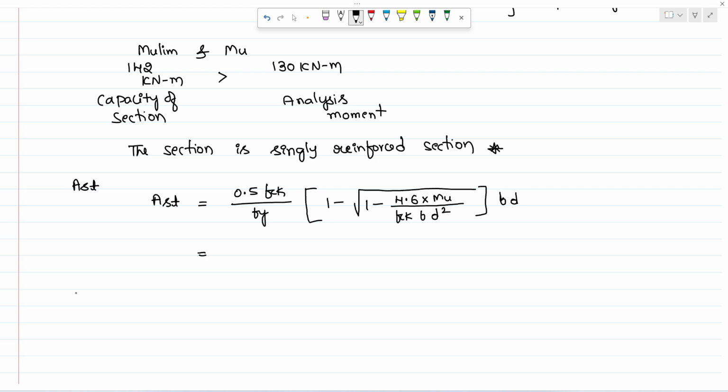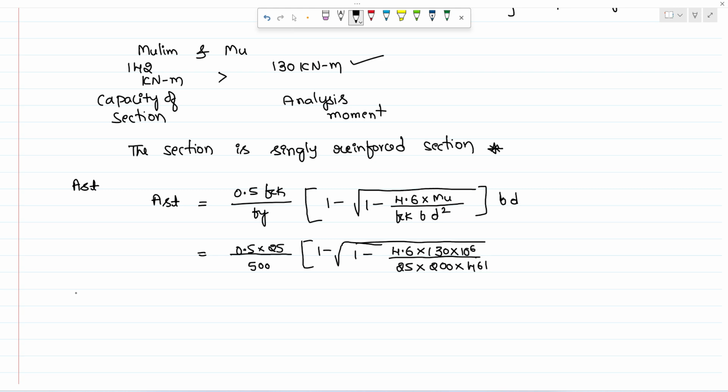Let me substitute all the values: 0.5, grade of concrete 25, grade of steel 500, into 1 minus square root of 1 minus 4.6 Mu, the analysis moment 130 into 10 power 6, divided by fck 25, width of the beam 200, effective depth 461 square, multiplied by width 200 and effective depth 461.